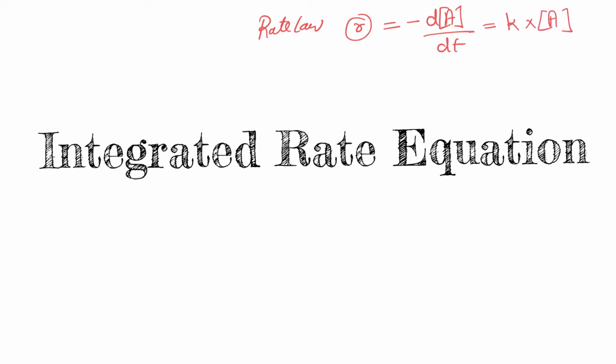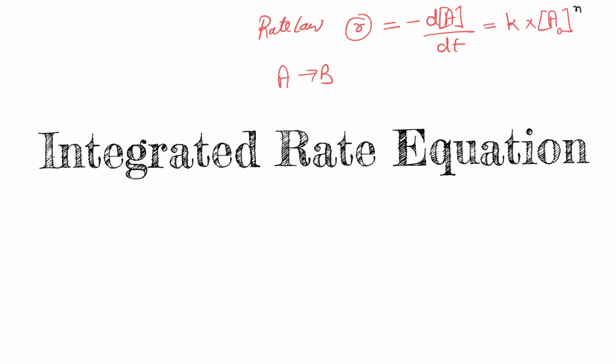Let's say A reacts to form B, the initial concentration of the reactant. And then you can have a power above this and you start calling that the order of the reaction. I hope you remember that.